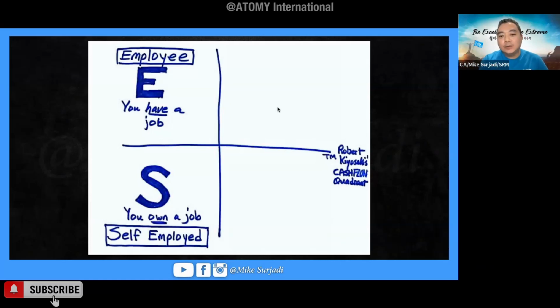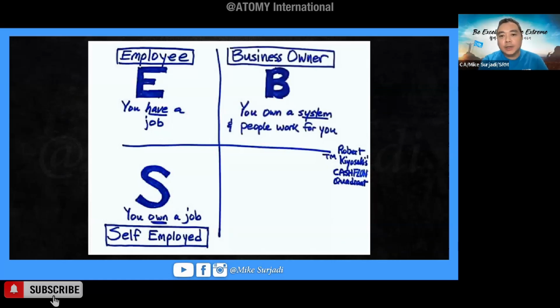So what is on the right quadrant? On the top right, there is a B. It's called business owner. It means you are the owner of a business. Usually there's a system or a group of people that work for you to run the system. Even though you are not in the system, but you own that system, you still make money.